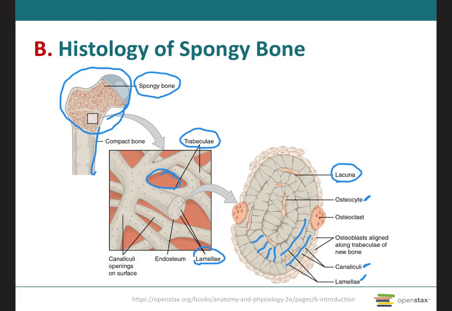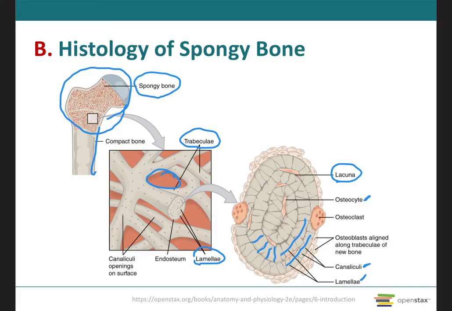Therefore, we can summarize that spongy bone tissue is different from compact bone in two respects. First, spongy bone tissue is light, which reduces the overall weight of a bone. This reduction in weight allows the bone to move more readily when pulled by a skeletal muscle, making it easier for us to move.